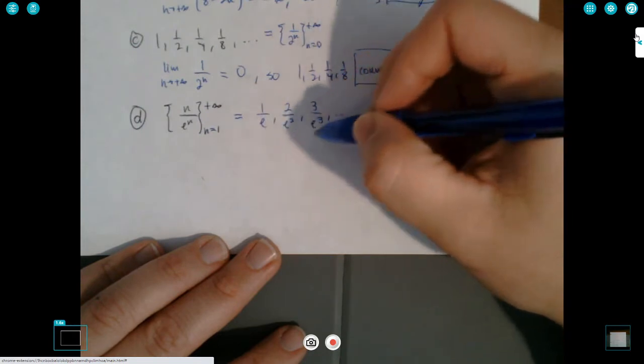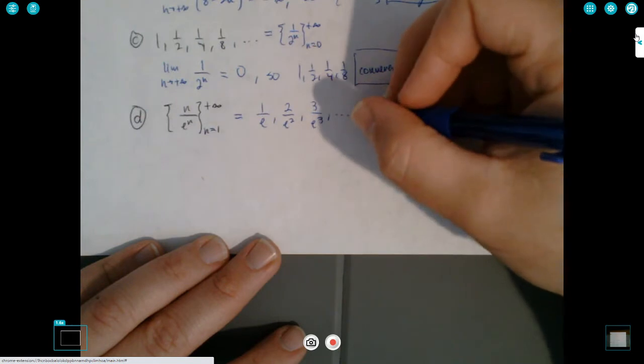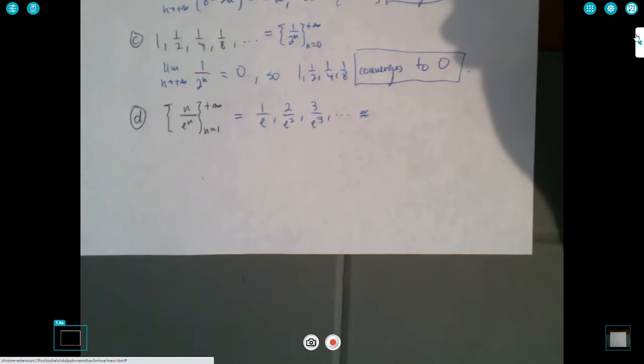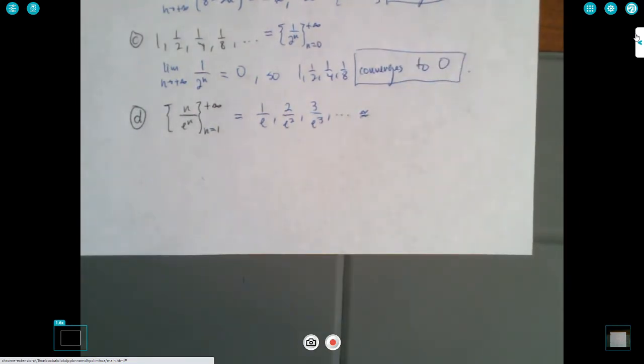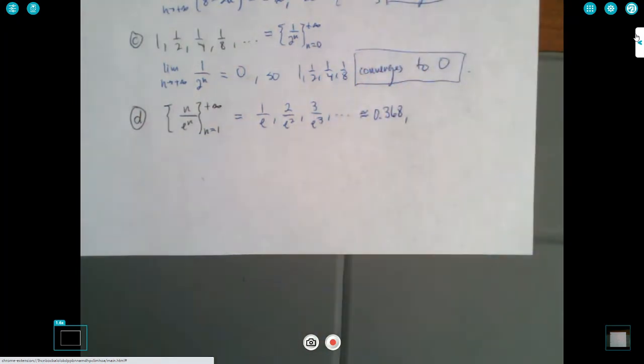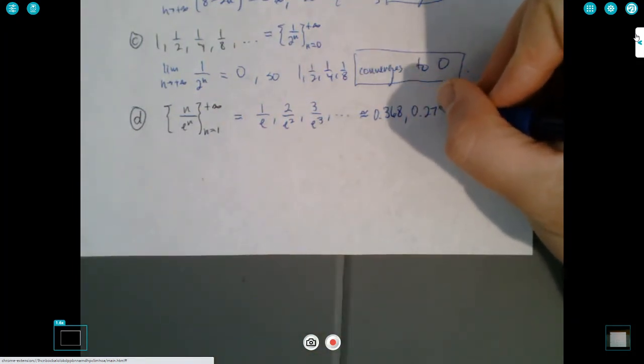I have a feeling that the denominator grows much faster than the numerator, so I think this is going to go to 0, but I'm curious how much those are. 1 over e is about 0.368. 2 over e squared is about 0.271.